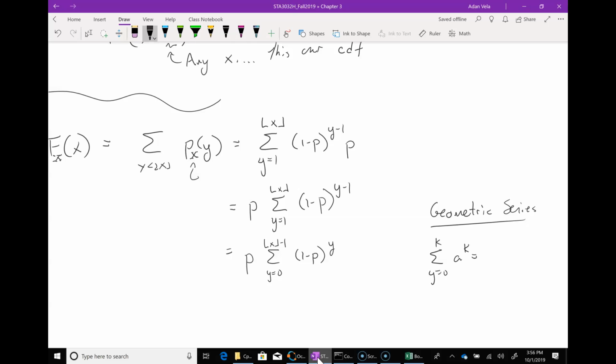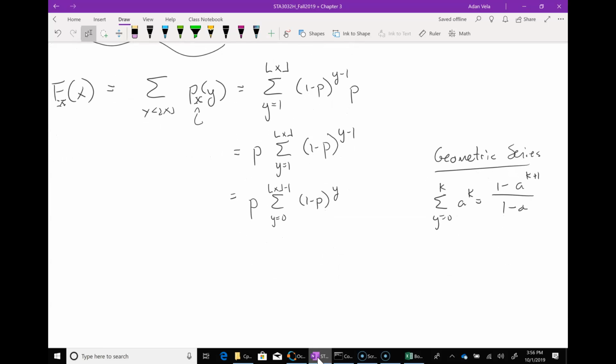And so a geometric series of the following form is given by the following equation. Okay, so in this case, our A is equal to 1 minus P. Okay, so in our problem. All right, so that lets us sort of fill things in.